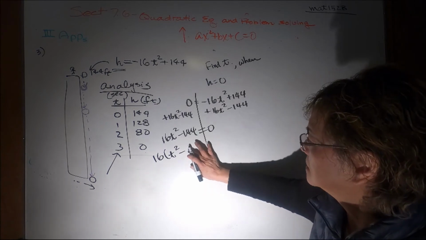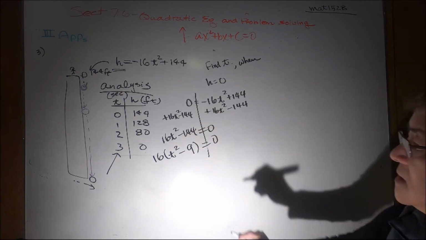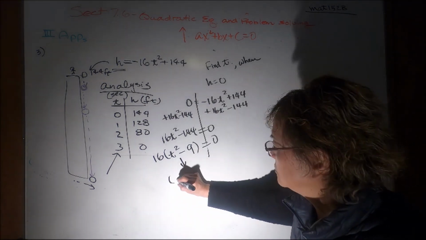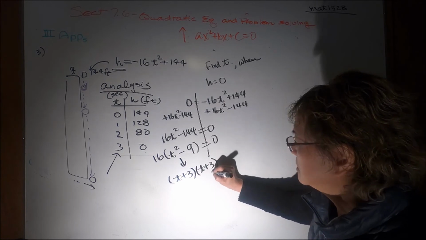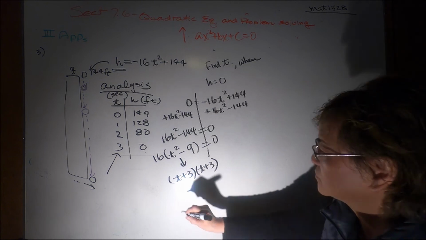Would that work? Are we done breaking things down? We can do it further. It's a perfect square, right? The difference of 2 squares.